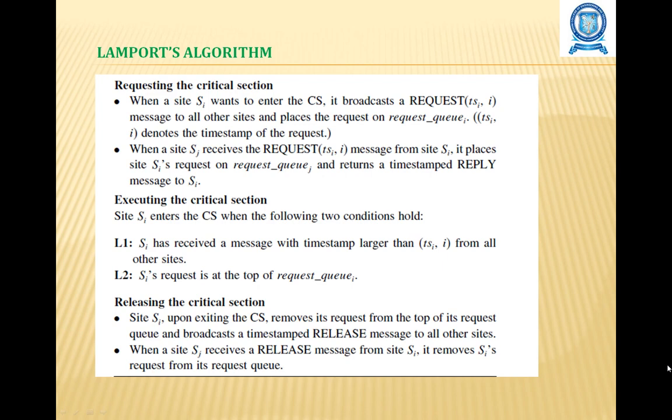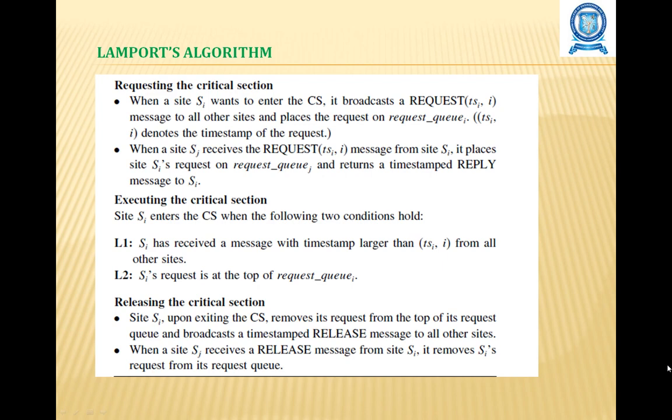Here TSi denotes the timestamp of site Si. Next, when a site Sj receives this message from site Si, it places the request into its request queue j and returns a timestamped reply message to site Si.